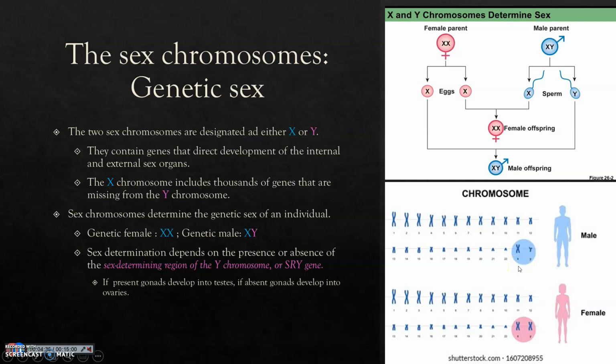So sex chromosomes determine the genetic sex of an individual. As mentioned previously, a genetic female has two X chromosomes, and a genetic male has one X chromosome and one Y chromosome.